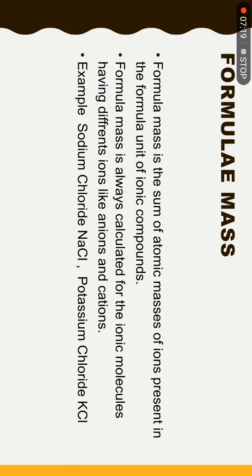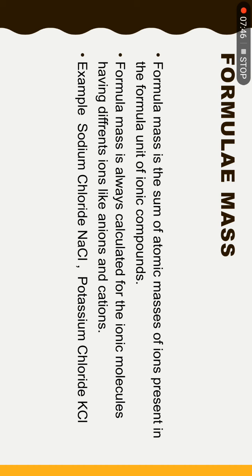Now let's look at another topic, that is formula mass. What is formula mass? We had learned about the formula unit. You remember that formula unit is the smallest repeating unit of an ionic compound, showing the simplest ratio between the ions. So formula mass is the sum of the atomic masses of ions present in the formula unit of ionic compounds.